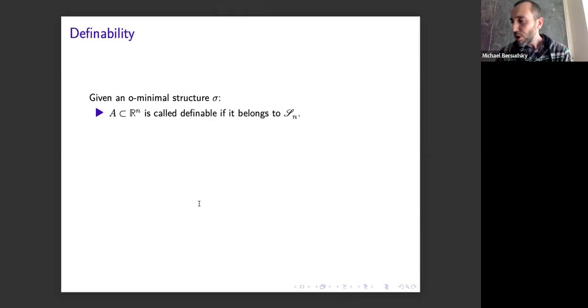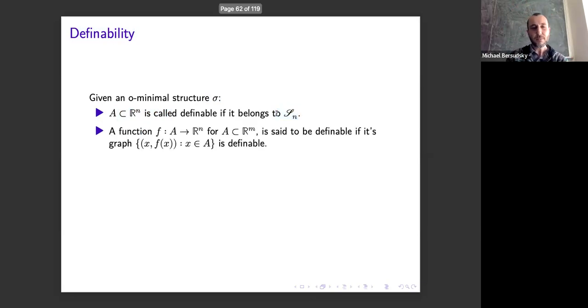Okay, some more notions on o-minimal structures. There is the notion of definability. Given an o-minimal structure, sigma, a set is called definable, which is just a short way to say that it belongs to script S. A function is said to be definable if its graph is definable, exactly like we had for semi-algebraic sets.